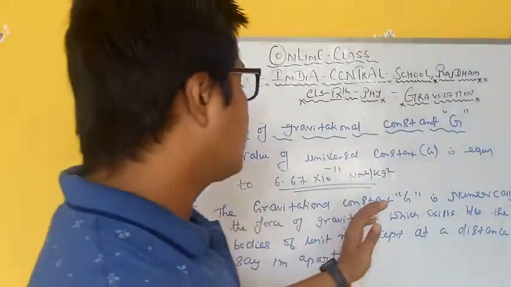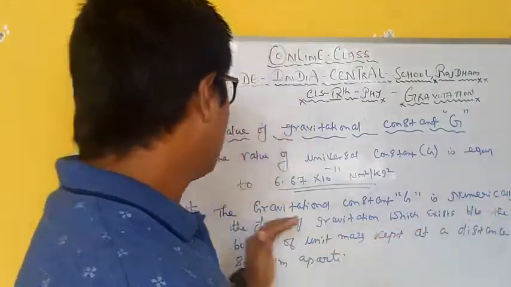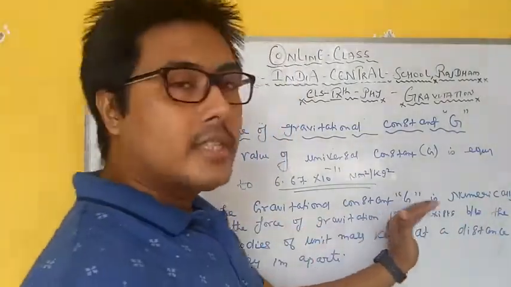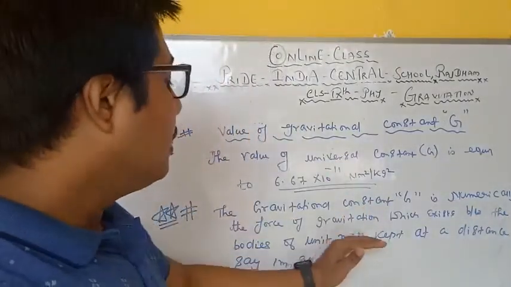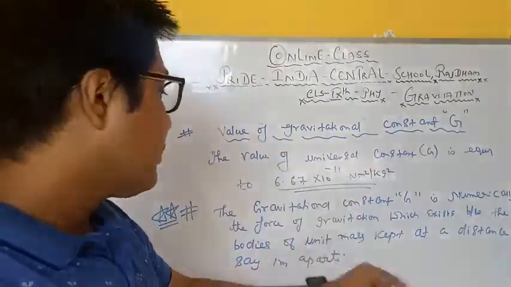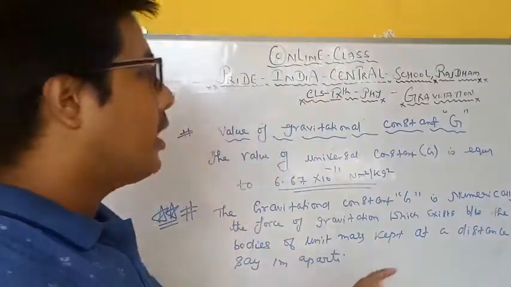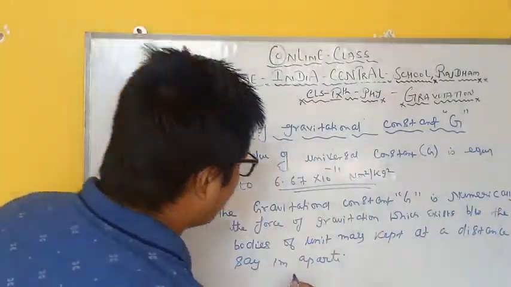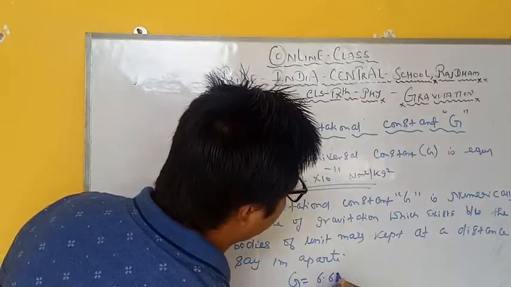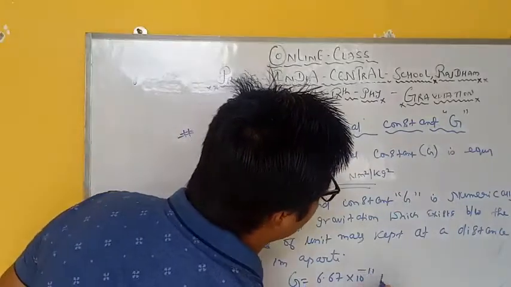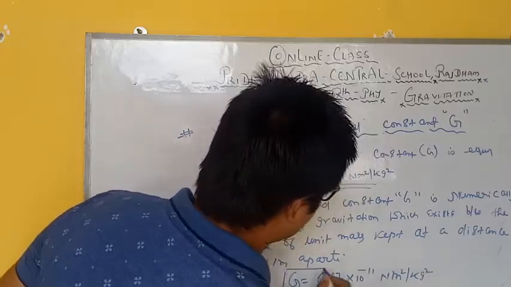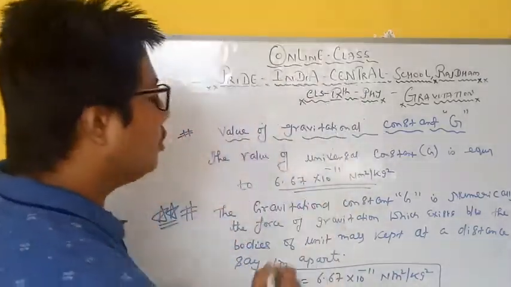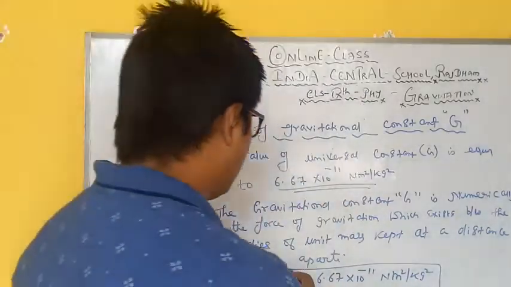So the gravitational constant G is numerically equal to the force of gravitation which exists between the two bodies or any two bodies of unit mass kept at a distance of say 1 meter apart. Therefore G is equal to 6.67 into 10 to the power minus 11 Newton meter square per kg square. This is very important, which you need to learn, which you need to remember.